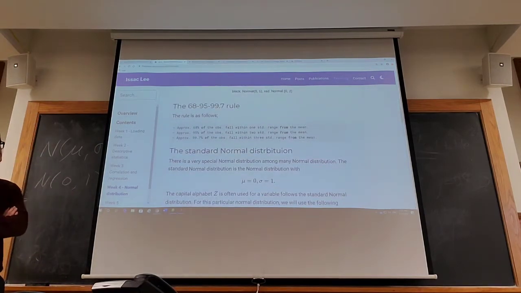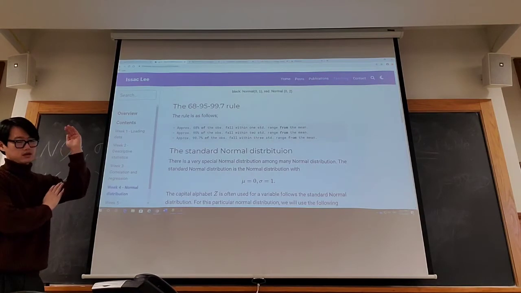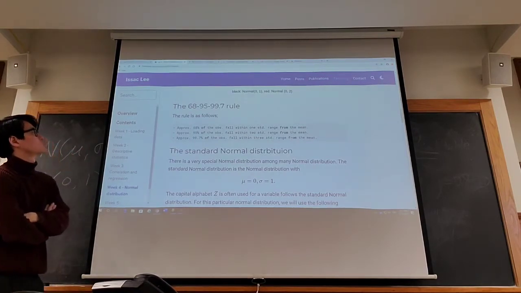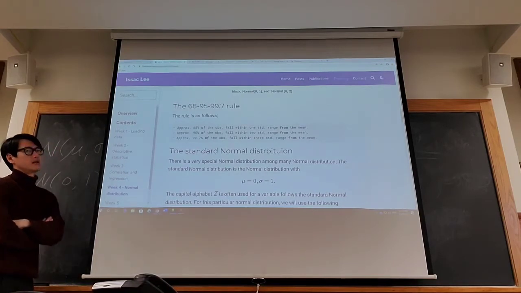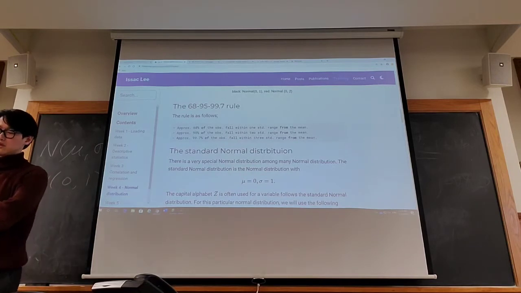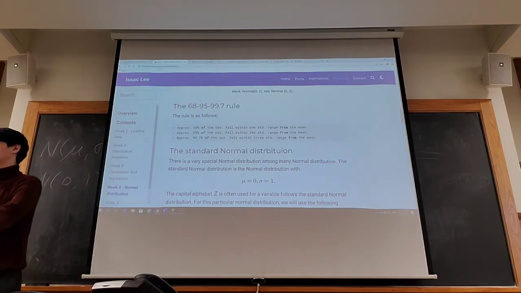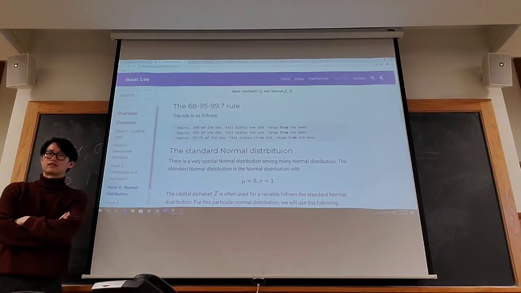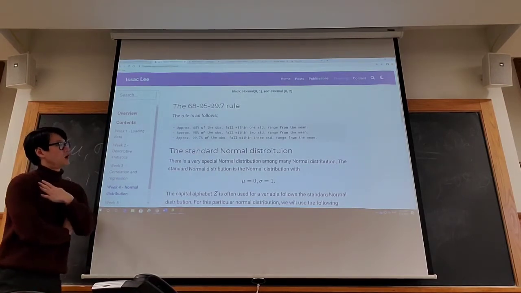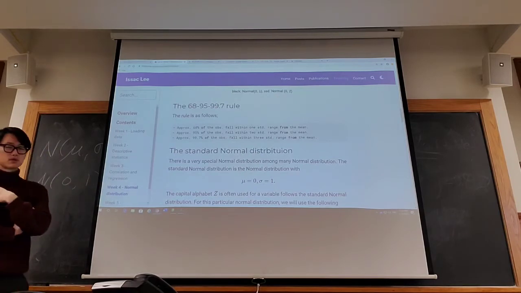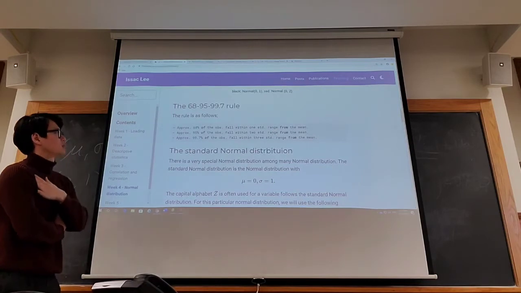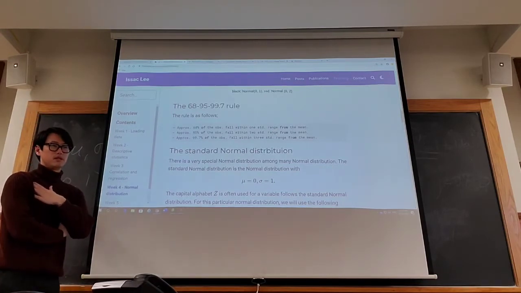So now the last characteristic of the normal distribution is this rule, the 68, 95, 99.7 rule. It tells you that all normal distributions follow that specific rule, approximately, a rule of thumb maybe. The first one says that approximately 68% of your data will fall within one standard deviation of the mean.